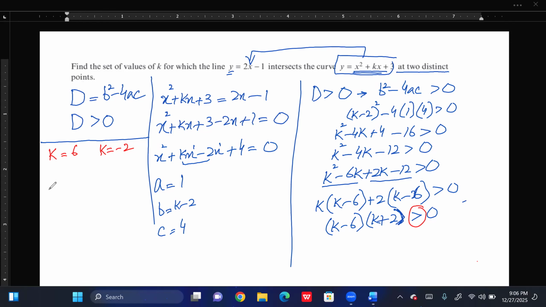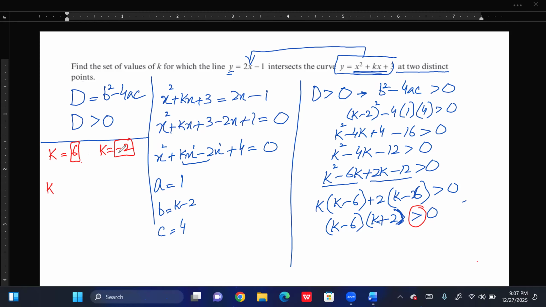So what we do now, before this, let's recall. We have 6, we have negative 2. This represents which number is bigger, which number is smaller. As you see, 6 is a bigger number and minus 2 is a smaller number.